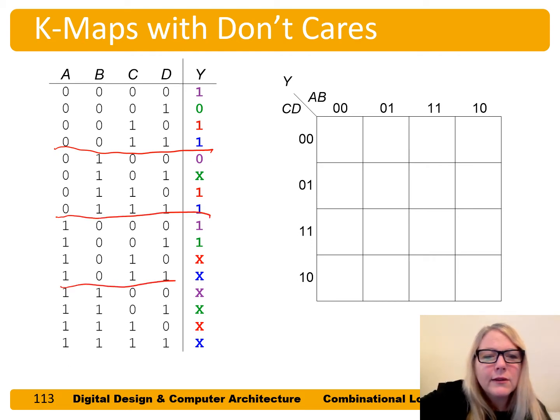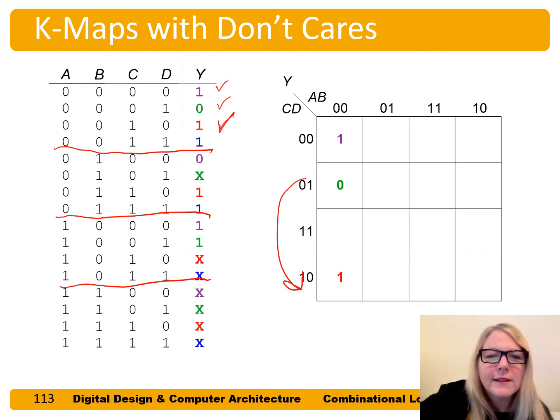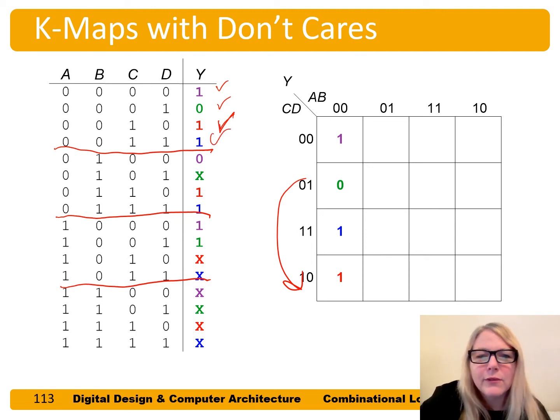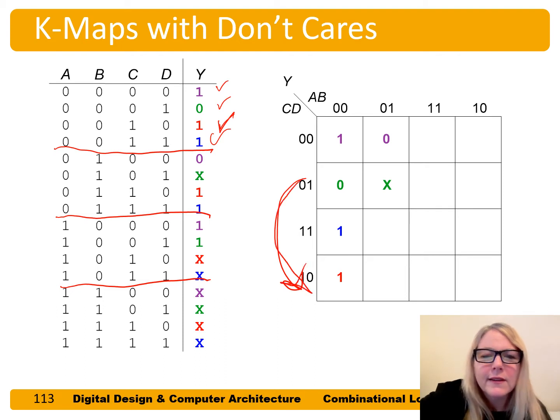We start with the top: 1, 1, and then 0, and then 1. Remember, we skip a row to get this next one in, and then come back for our last one. And same for the rest of them: 0, X, skip a row, 1, 1.